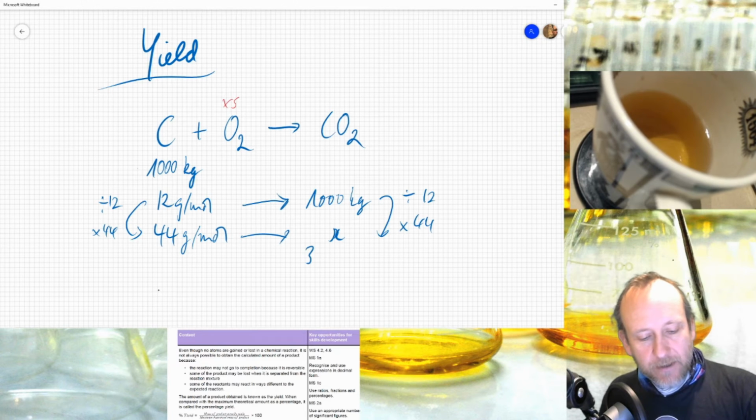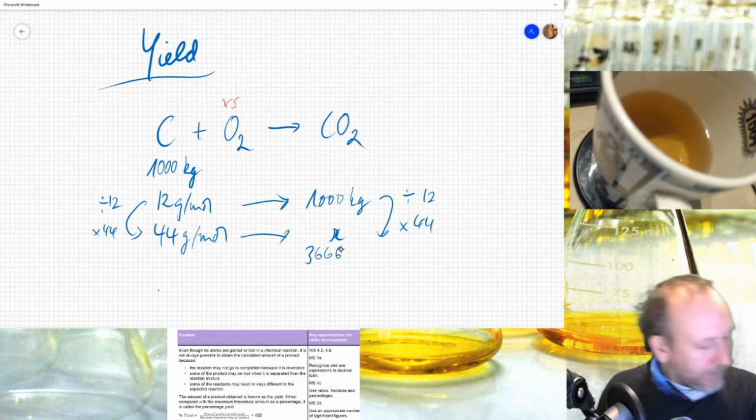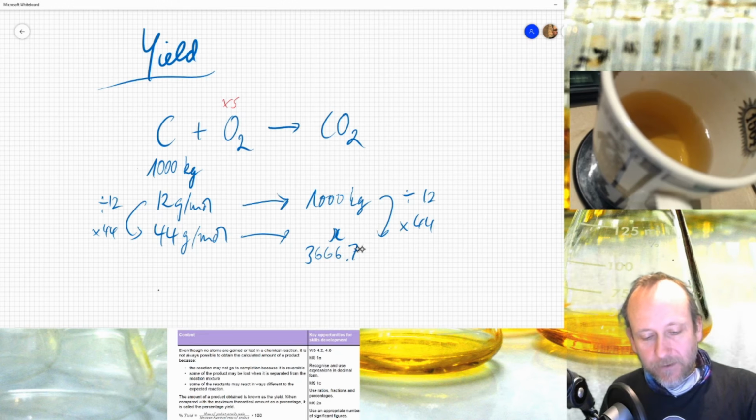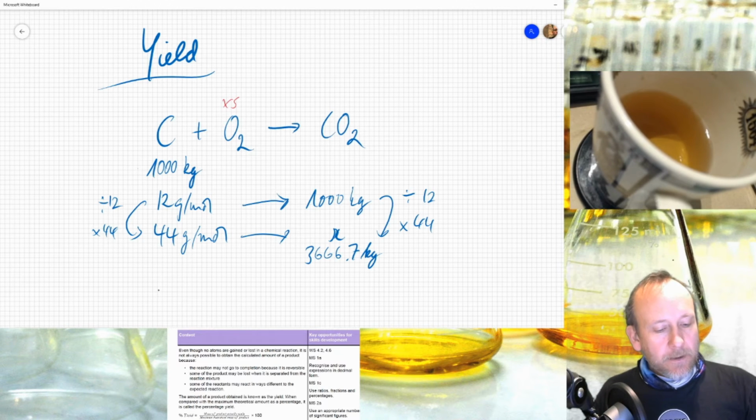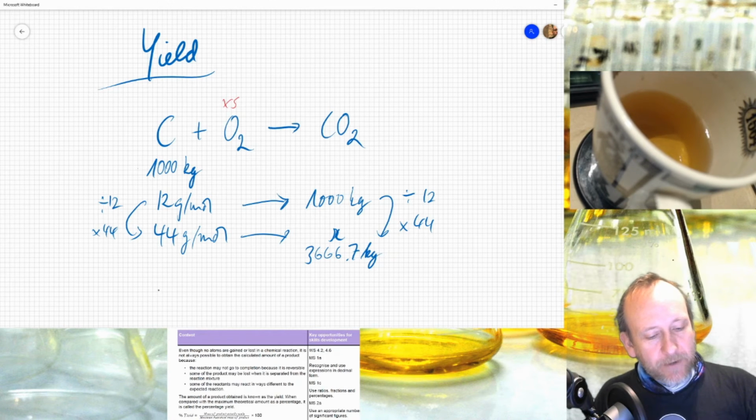So that's 3,666 point, let's round it there, 7. Okay, so if I multiply it, quick sanity check, 12 times 4 is 48, right? 44 is not a million miles away, it's slightly less.